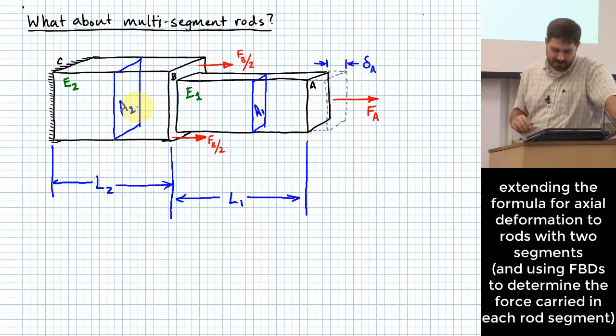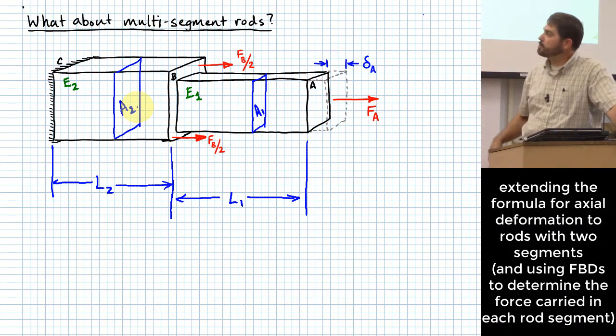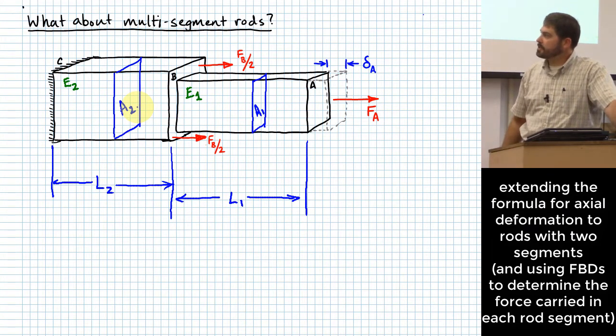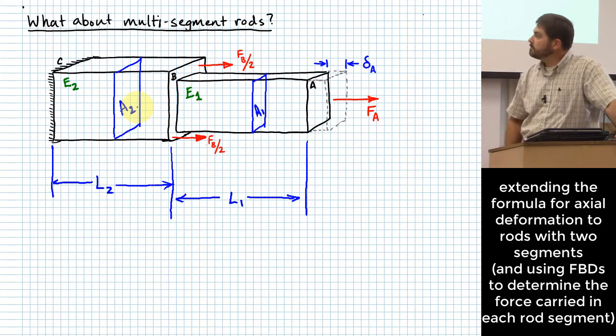Just kidding. All right, so my question is, if this is all the stuff that we know, how do I figure out how much point A at the end of this rod is going to deflect under these conditions? How would you think we should go about figuring that out? Well, let me ask you this.